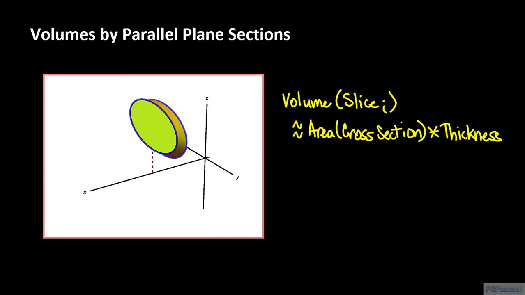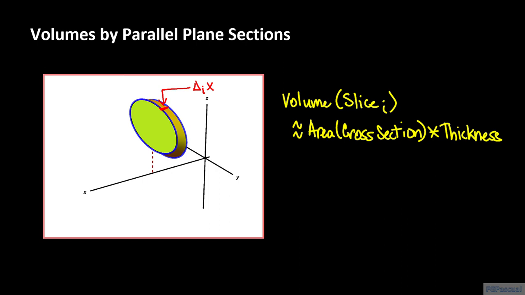Since the thickness is parallel to the x-axis, we designate the thickness of the slice to be delta sub i x. Since the thickness of the slice is in terms of x, we must express the cross-sectional area of the slice in terms of x as well.